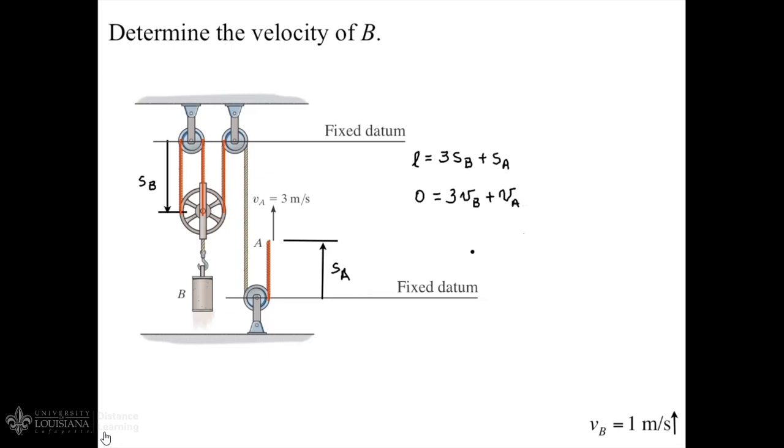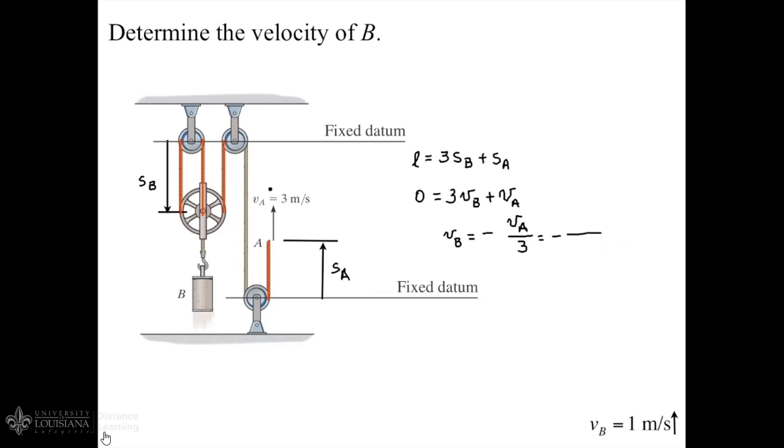Now let's solve for V sub B. And doing so, we get the following: minus V of A divided by 3. We have to put in the data. We get minus. Now for V of A, what do we put in?